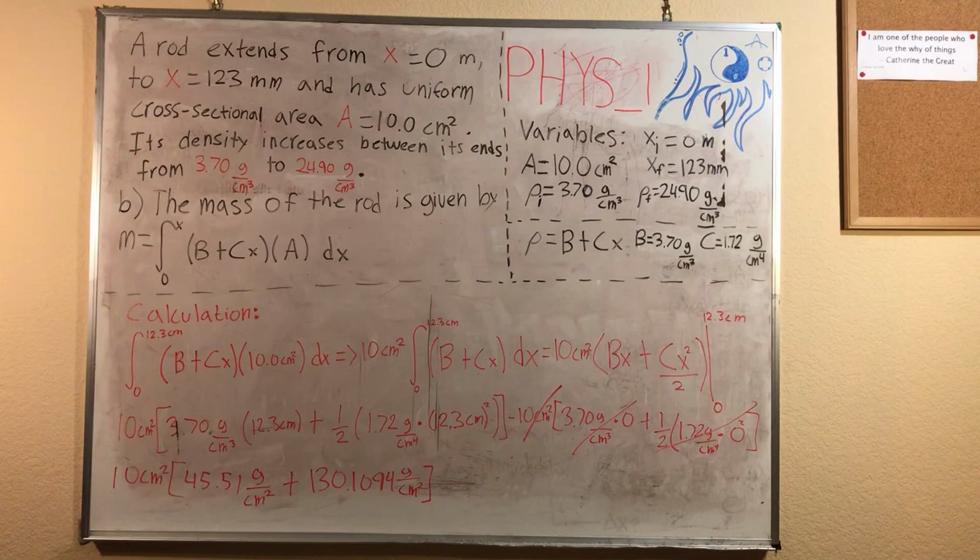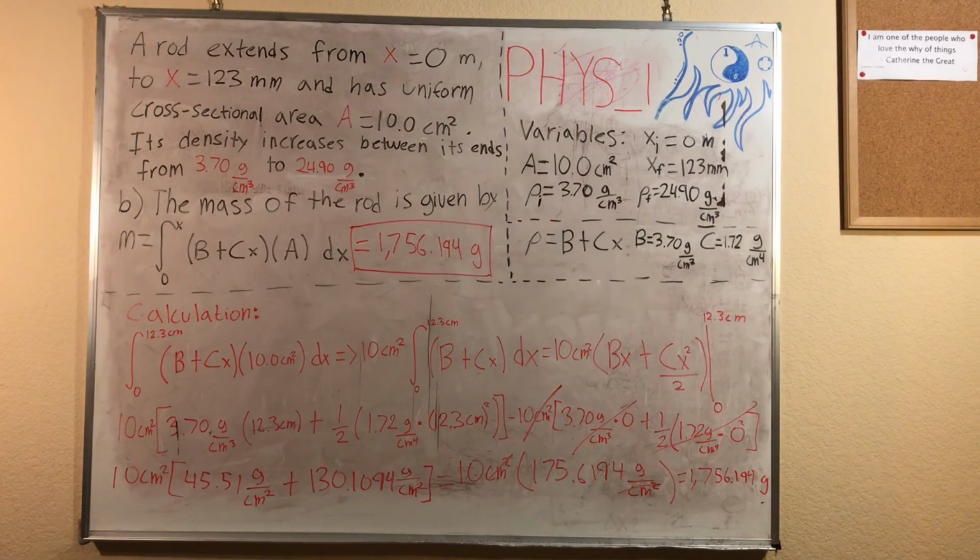And then we are finally left with 10 centimeters squared times 175.6194 grams over centimeters squared. Canceling the centimeters squared now, we can multiply out to get our final mass to equal 1,756.194 grams.